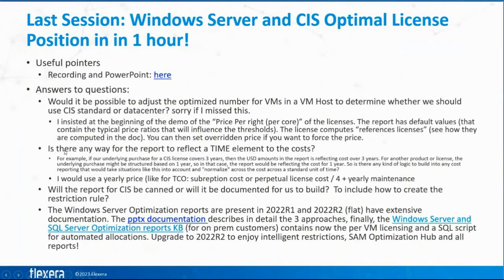The second question was about a way to report and reflect the time element of a cost. That's an interesting question, so I will not go through the full question, as it was quite long.